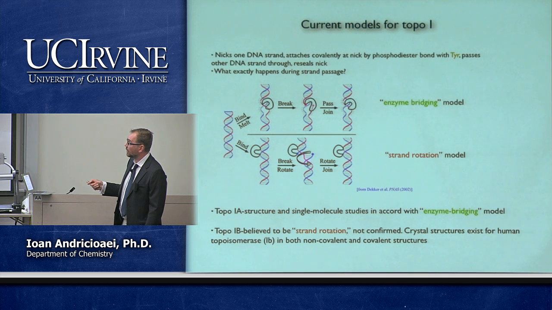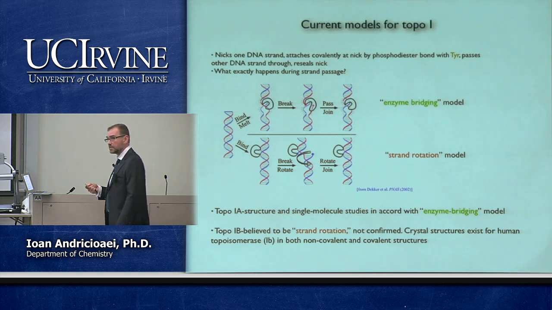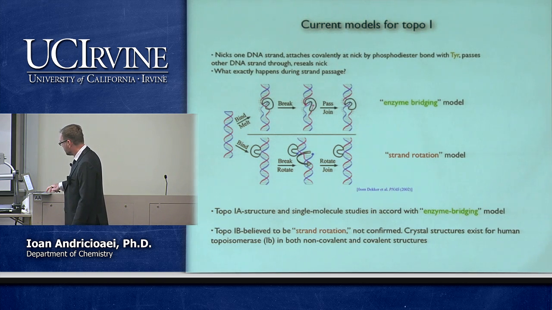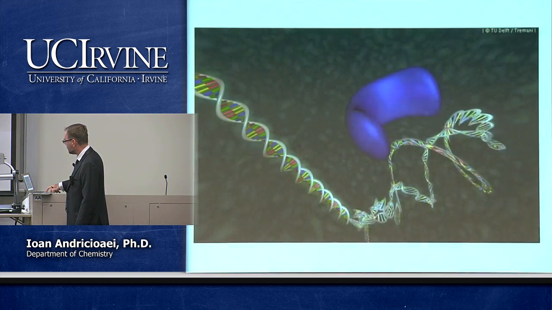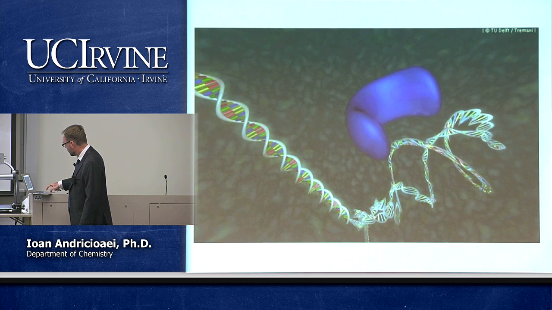The binding involves the covalent formation of a bond between the sugar phosphate backbone and the protein, and the cut DNA downstream of the cut rotates, and the number of times it rotates is the number of supercoils it releases.